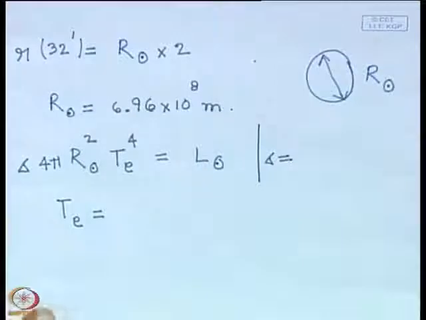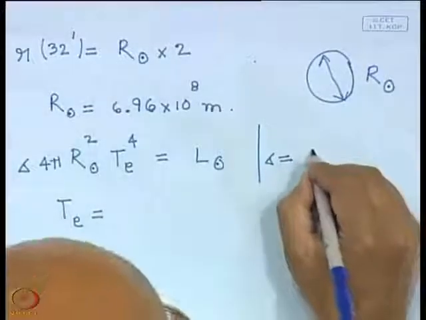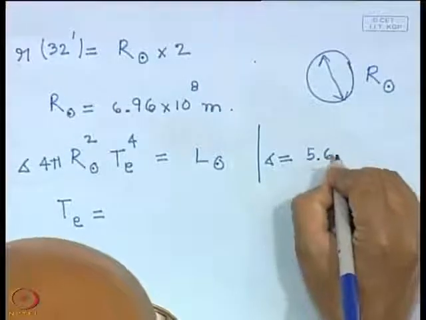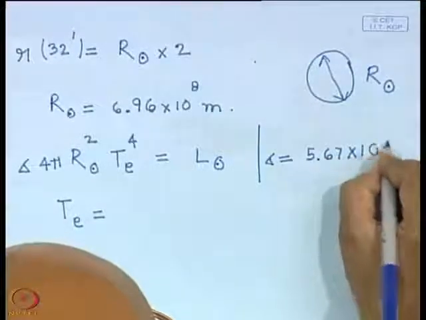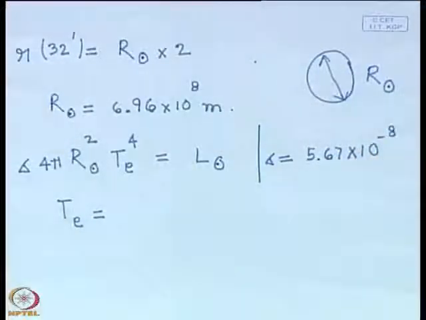We have already calculated sigma from first principles when we were discussing the microscopic nature of black body radiation, and sigma, the Stefan-Boltzmann constant, has a value 5.67 10 to the power minus 8 in SI units.